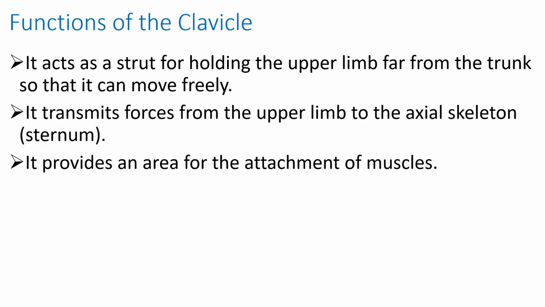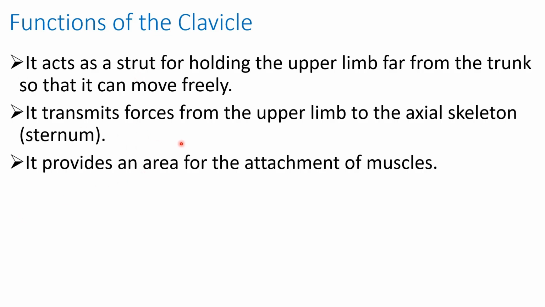Now the functions of the clavicle: it acts as a strut for holding the upper limb far from the trunk so that it can move freely. What this means is that the clavicle helps in the natural swinging movements of the hand, which helps in things like grasping and hand swinging during walking.